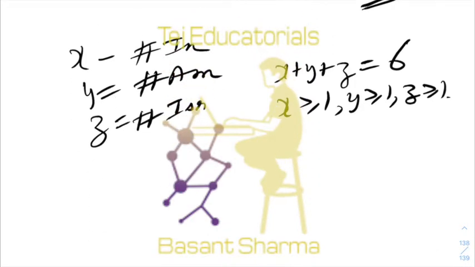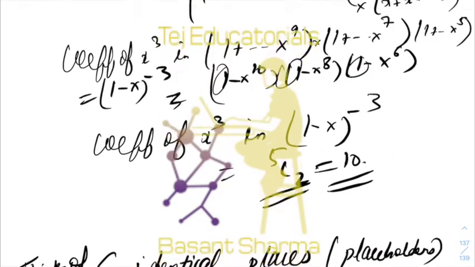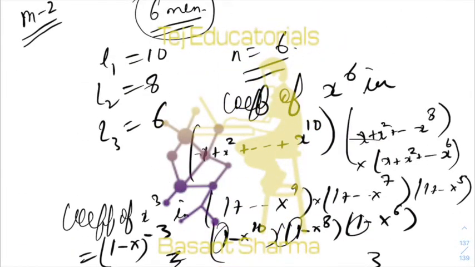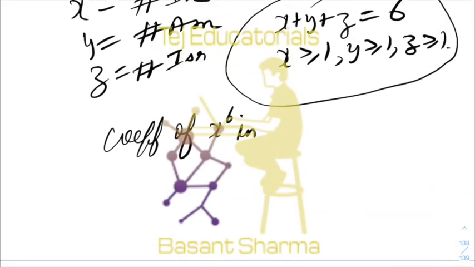One way to solve this is the coefficient of x to the power 6 in this product, which is method 1 only. This is the same thing, but you can simplify it again.